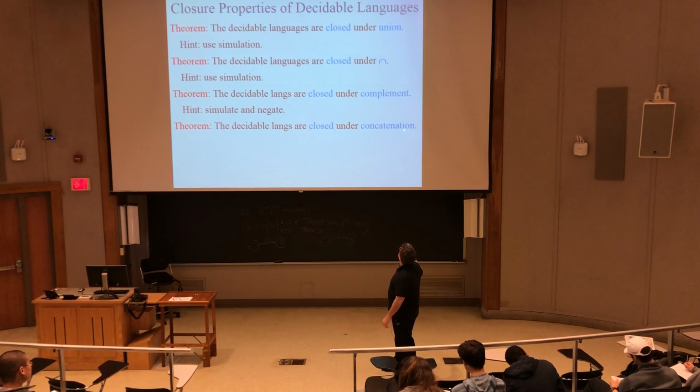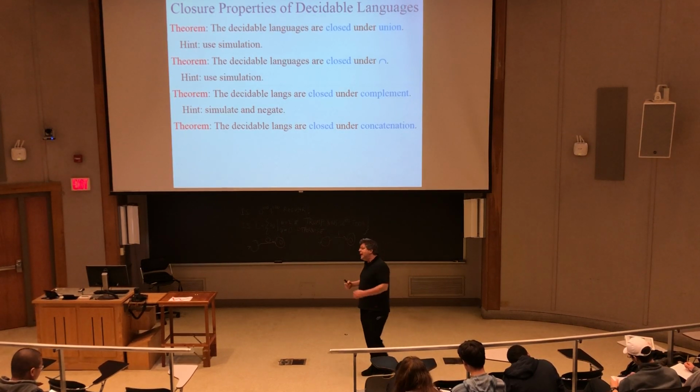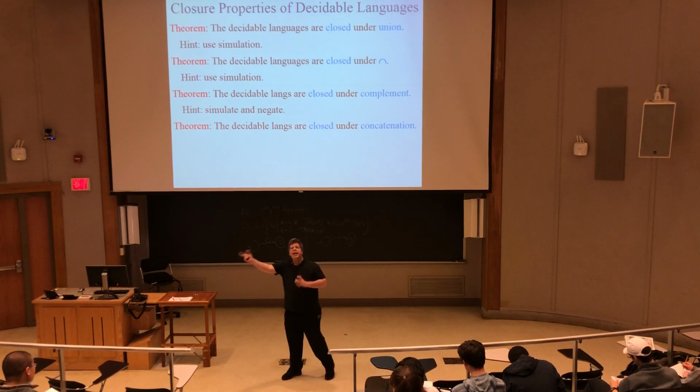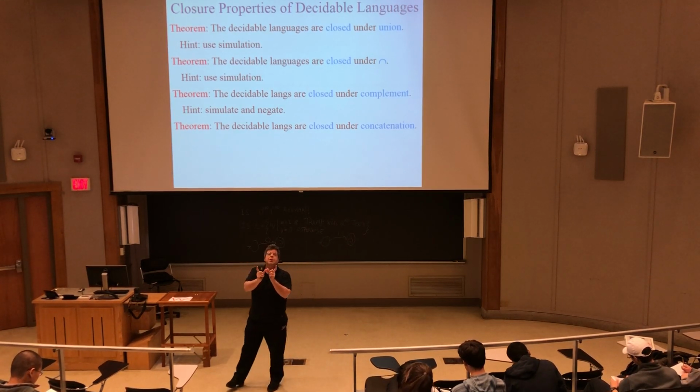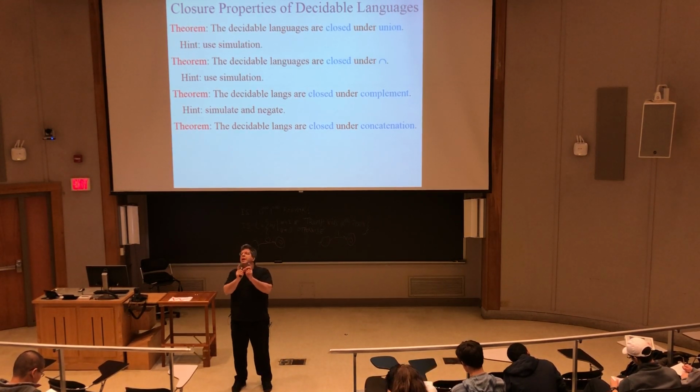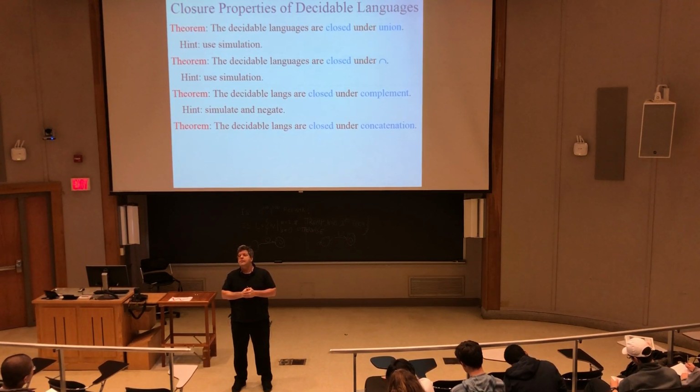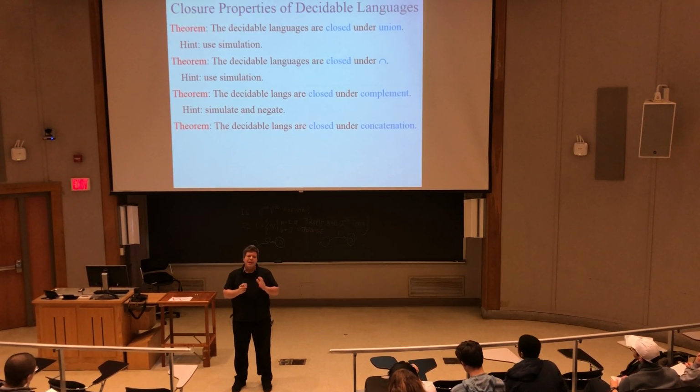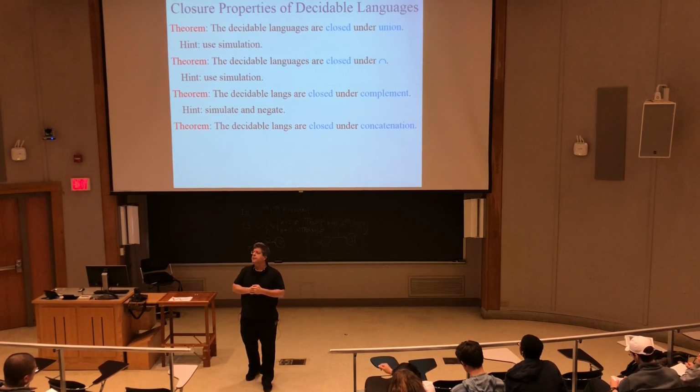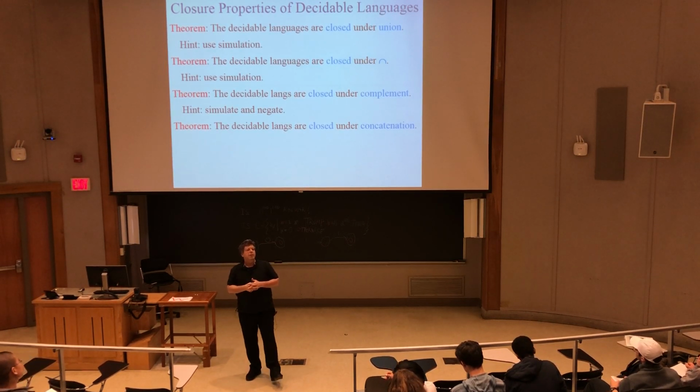Decidable languages are closed under concatenation. That one is not as obvious. If you take a language concatenated to another language, why is the resulting language decidable as well? I mean, it's easy, but not as easy as the first three. What do you have to do?